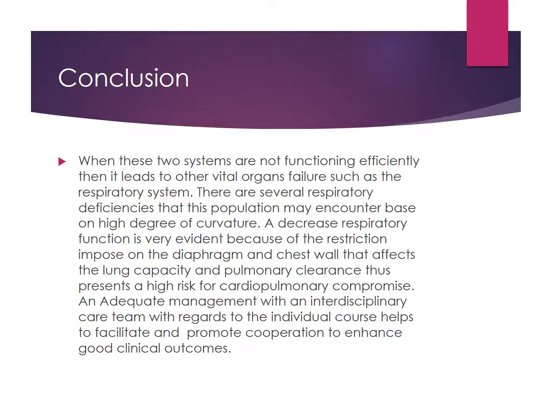A decreased respiratory function is very evident because of the restriction imposed on the diaphragm and chest wall that affects the lung capacity and pulmonary clearance, thus presenting a high risk for cardiopulmonary compromise. Adequate management with an interdisciplinary care team, with regard to the individual course, helps to facilitate and promote cooperation to enhance good clinical outcomes.